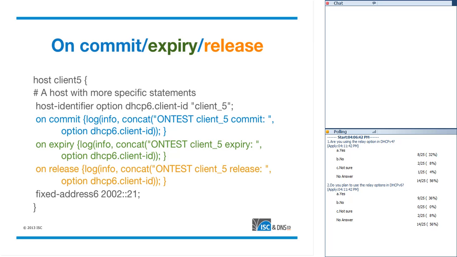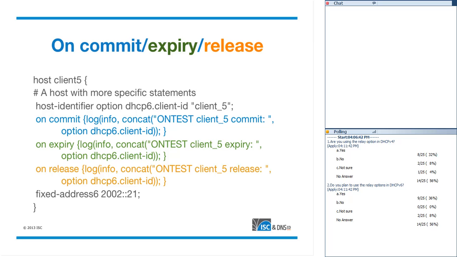Info is saying that we're going to log it to syslog, at the info level. Then concat is building the string that we're going to log. On test client 5 commit is just the prefix so that I know which one I was supposedly doing. And then option DHCP6.client ID is actually printing out the client ID so I can compare it to the client 5 that I expected and make sure that I did get what I expected.